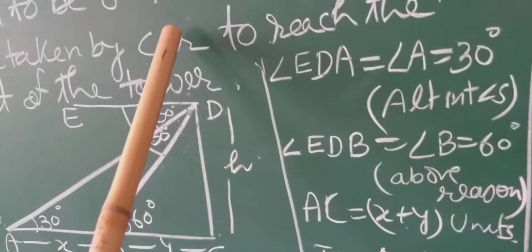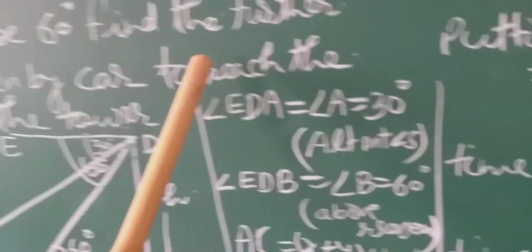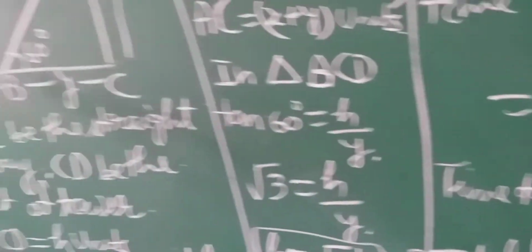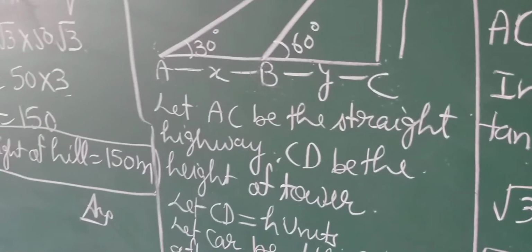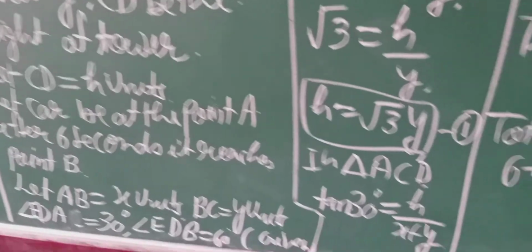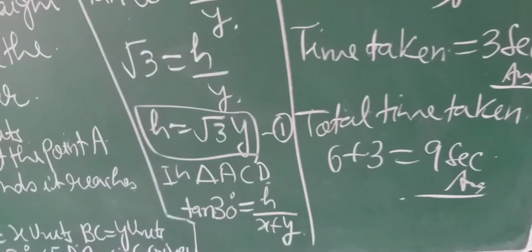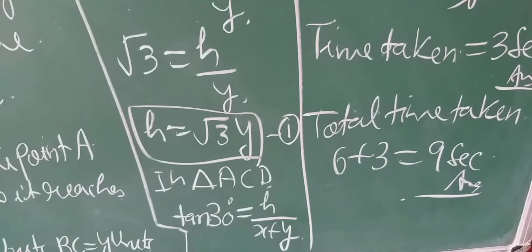According to the question, the answer is 3 seconds because the question asks about the further time taken by the car. But if the question asks about total time taken, then we have to add both times. So 6 plus 3 equals 9 seconds. Okay then, student.